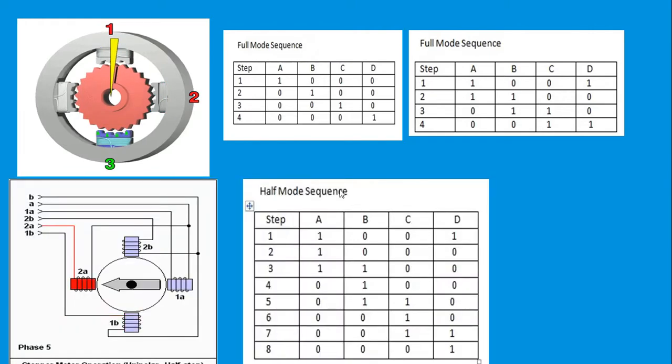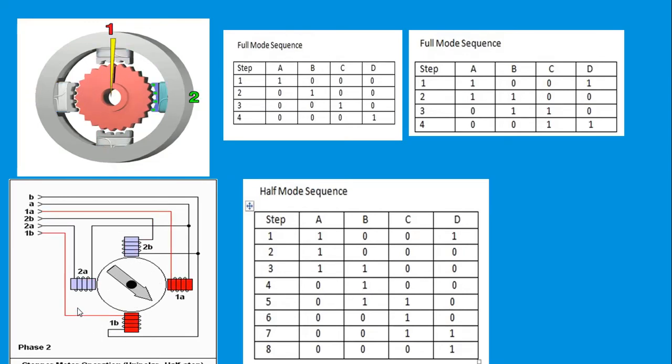Another one is the half mode sequence, in which let us consider the sequence where at one step we are energizing two coils. In the next consecutive step we are energizing only one coil. In the next step two consecutive coils will be energized. In the further step only one coil will be energized.